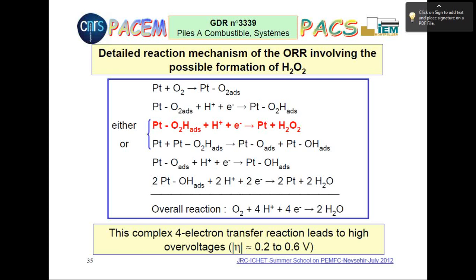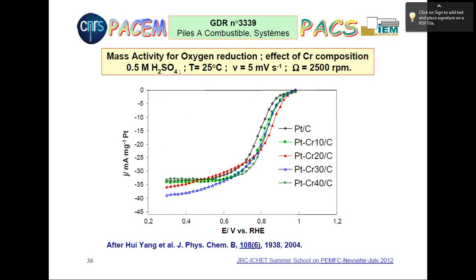Okay, just to show you the results. The effect of chromium is a very small effect. You displace the oxygen reduction towards positive. Theoretically you must have 1.23 volts, it begins here, but because of the overvoltage it is shifted in the negative direction, and with some platinum chromium, for example this one, 20% chromium, you improve a little bit, but it is a very small improvement.